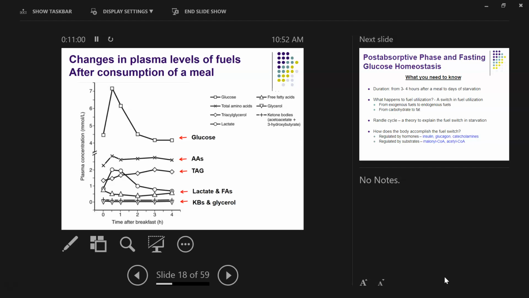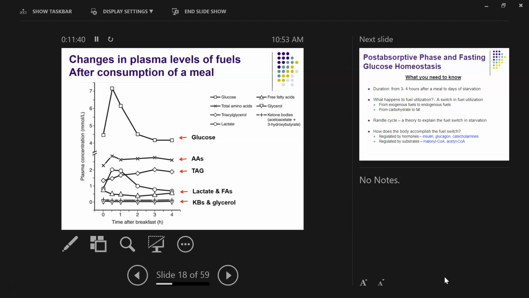And the amino acid level shows a slight increase after the meal, but is basically pretty constant, right? And triglyceride levels also increase a little bit, and the lactate level actually increases a lot, right? After the meal, the pattern kind of matches the glucose curve, right? Which also makes sense because glycolytic activity is very high after a meal, right?